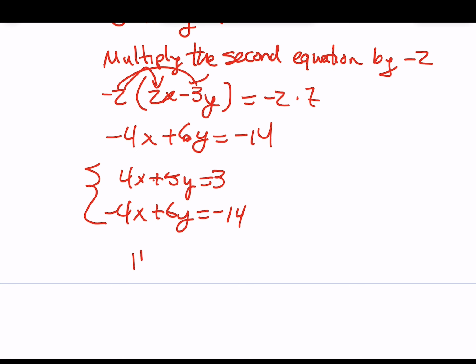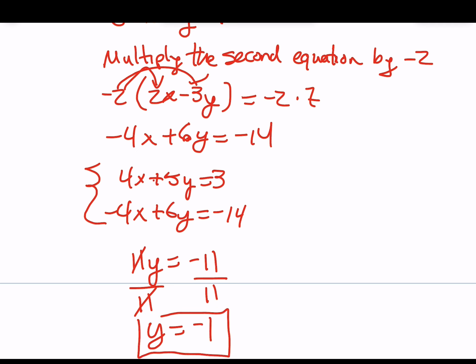So 4x minus 4x is 0x, 5y plus 6y is 11y, and 3 plus a negative 14 is negative 11. Divide both sides of this equation by 11, and the 11's cancel on the left, and we get y equals negative 11 over 11, or negative 1. So our y value is negative 1.